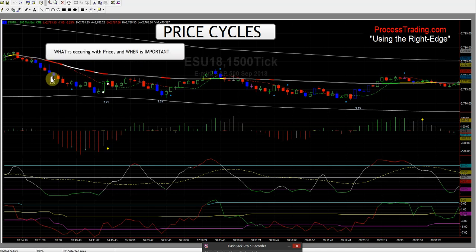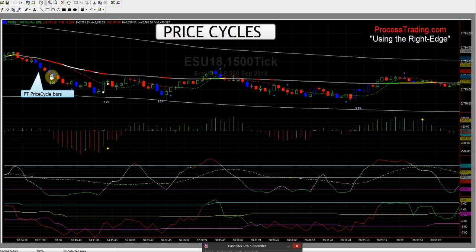These are the processtrading.com price cycle bars. And we're going to explain them in a minute because they tell you something that is almost the opposite of what you have been educated in your training or in your trading to expect.